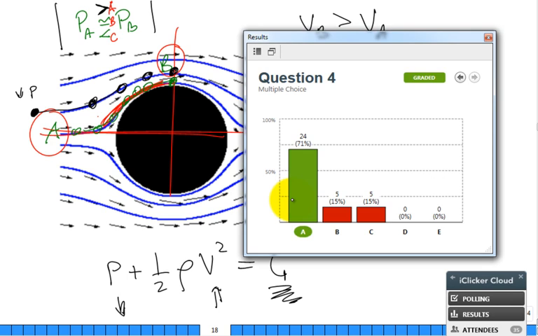So we have 71% of the class correct. Hopefully if you're in the 30%, you understand why. Let's go back and take a look. I was able to nudge you a little bit, but as a class, not that much, from about 50-some% to 70%.